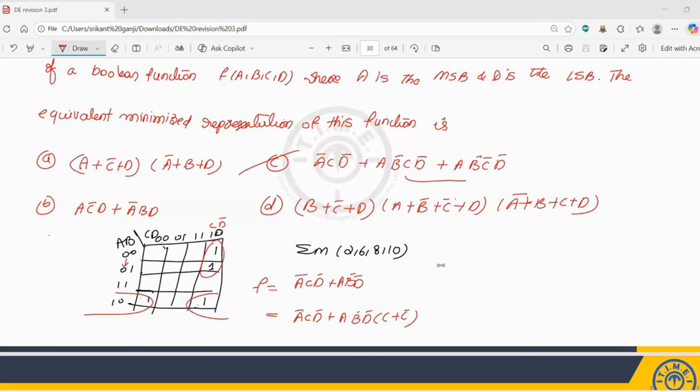Why? So it is in pi m mode. See, it is a minimum, right? It is not a max terms. Check that, check that.